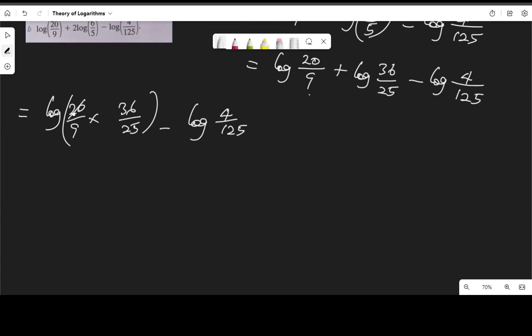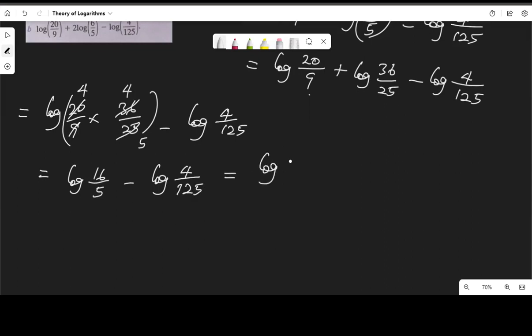Let's reduce this. 5 here is 4, 5 here is 5. 9 here is 1, 9 here is 4. Will give us log 16, that is 4 times 4, over 5 minus log 4 over 125, which is log 16 over 5 divided by 4 over 125.